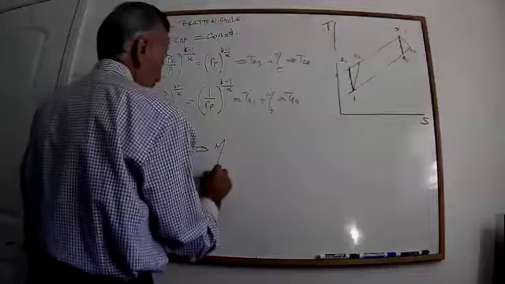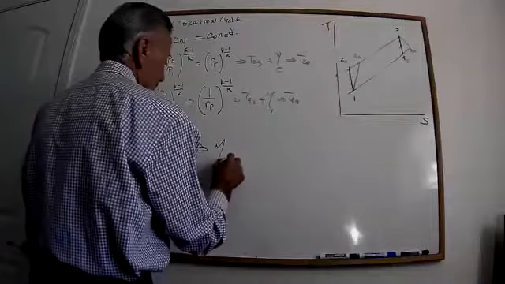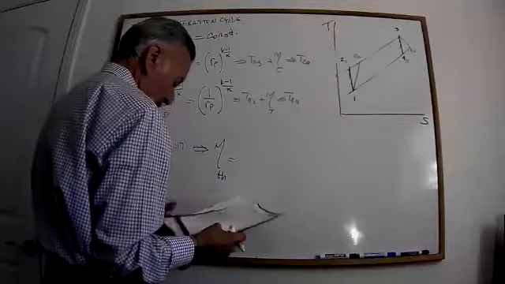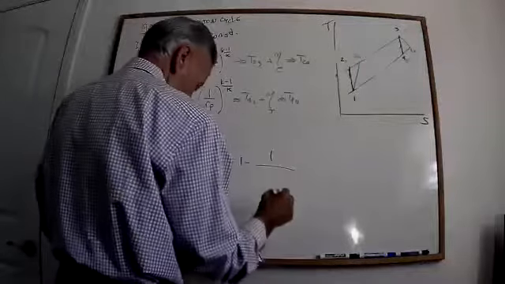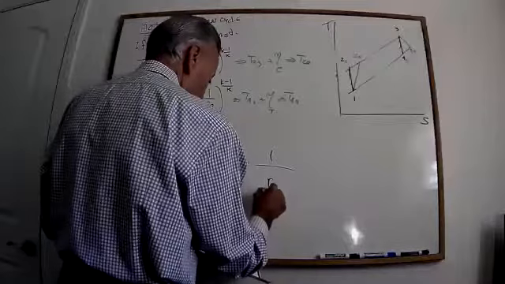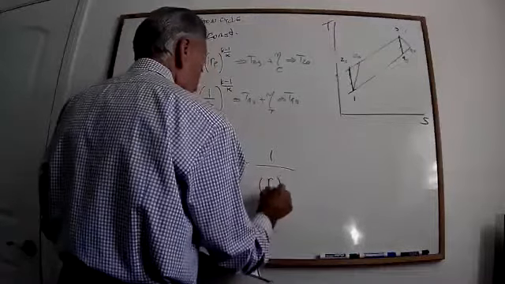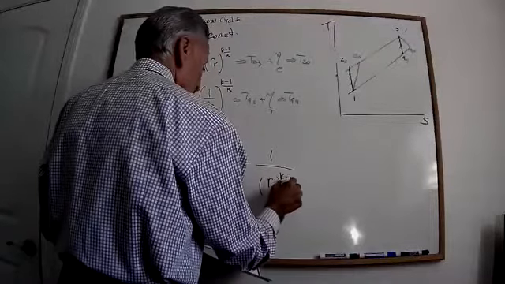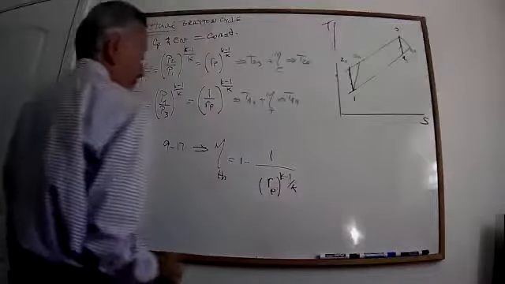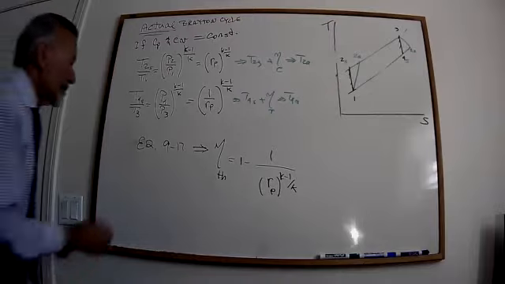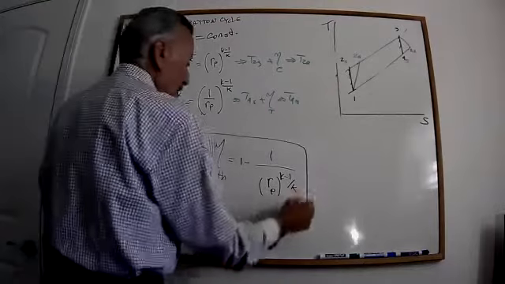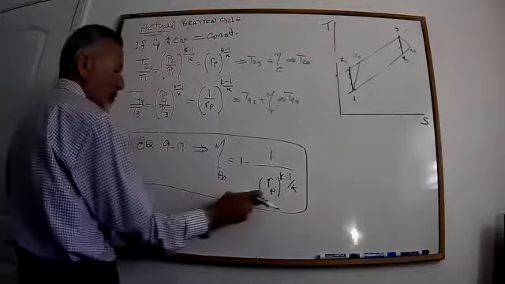You can find the thermal efficiency of the cycle to be 1 minus 1 over r_p to the power of (k minus 1) over k. Very quickly, you can find that based on r_p only.